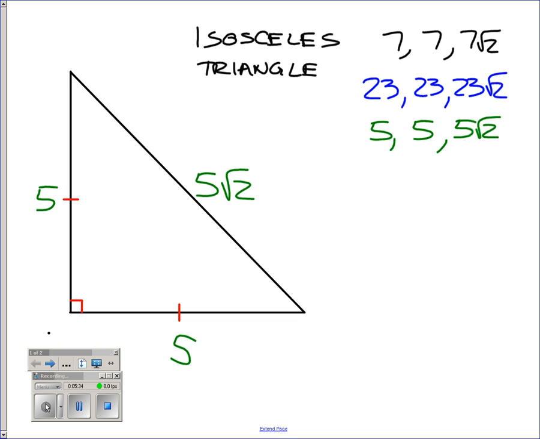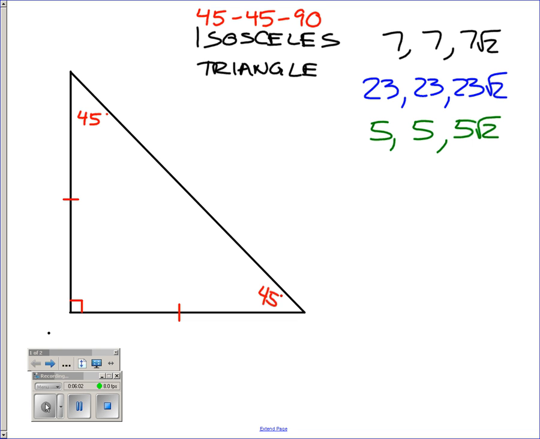Now, there's another notation for isosceles right if we look at the angles that are inside. So because these two sides are the same, that 90 degrees between them has to be split down the middle, and so they're both 45. And so often you will see this as a 45, 45, 90 triangle.